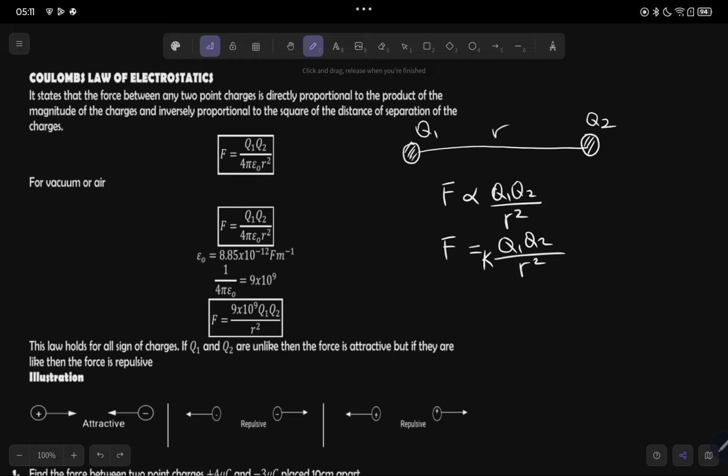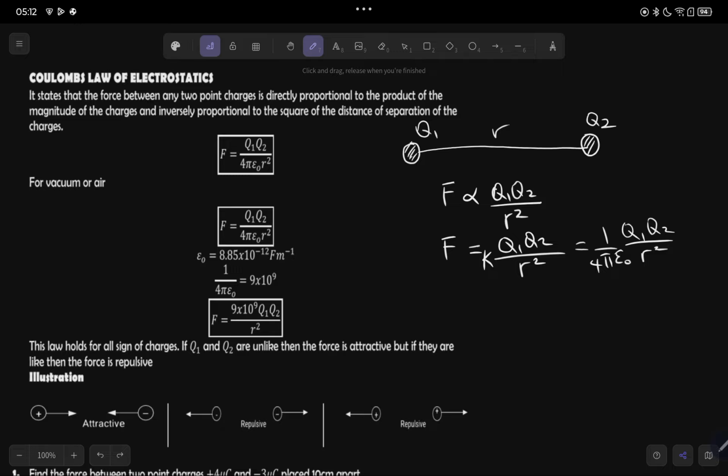Now, the value of this K, if the charges are positioned in air or in a vacuum, is given by 1 over 4 pi epsilon naught, and the SI unit of this constant is meters per farad.